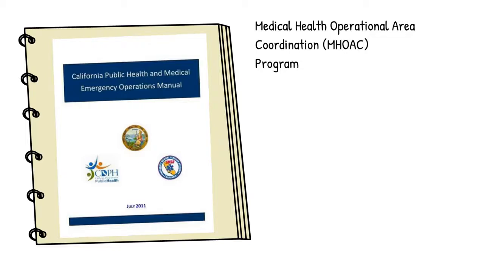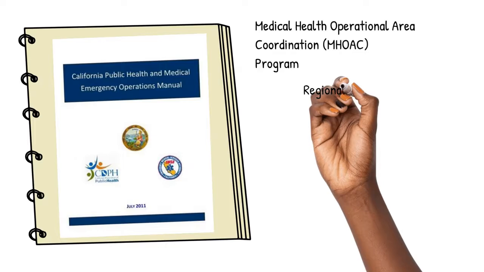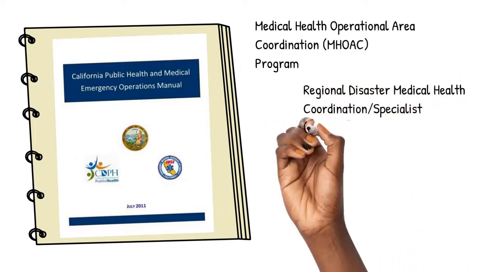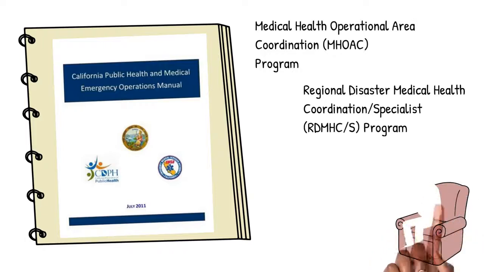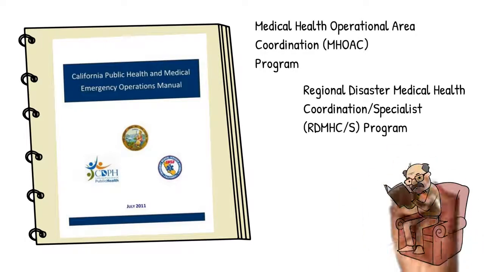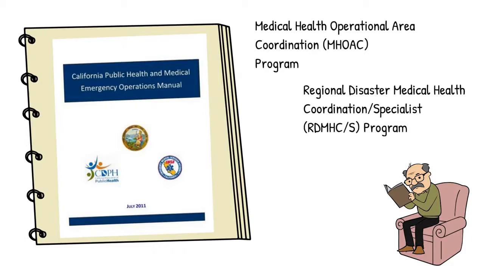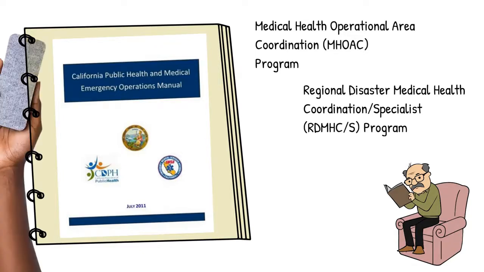This program is the point of contact and the center of gravity for the operational area. The other program that is really important within this document is the Regional Disaster Medical Health Specialist and Coordination Program. This is the main coordination program for the regional level. We'll talk a little more about these 2 programs a couple slides later.